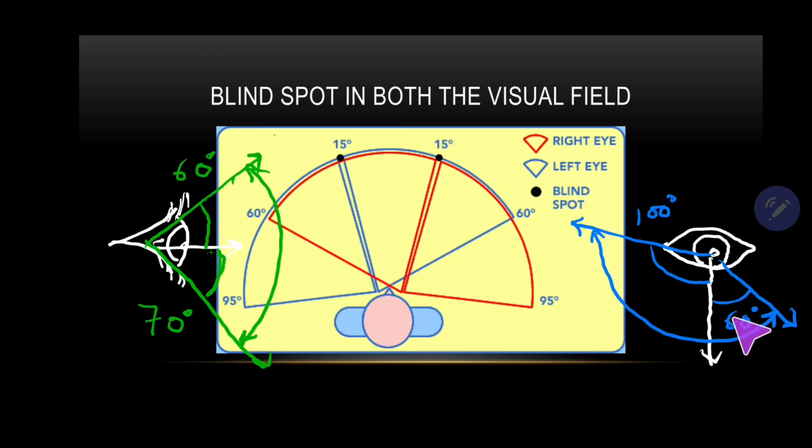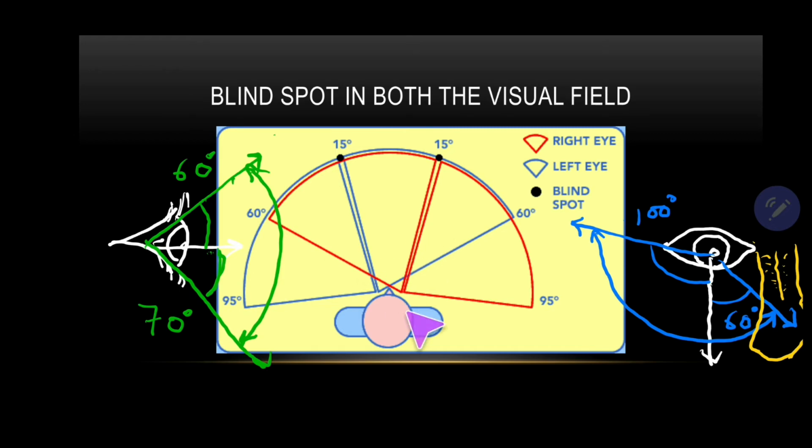Before, let me tell you why this is restricted on the medial side at around 60 degrees, right? The reason is very obvious: here you have the nose. When you have a nose here, obviously you have the nasal bridge, and because of that nasal bridge you have a restriction here, and that's how they have shown it in the diagram.